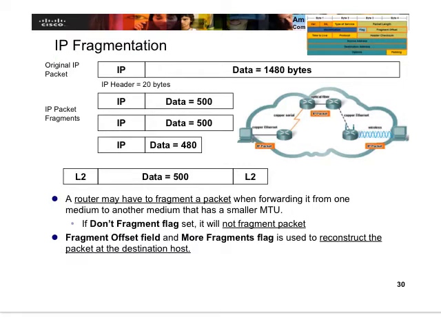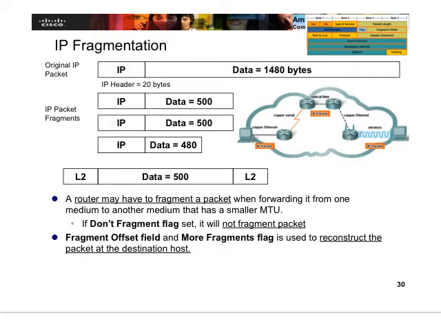So we said that when the host first sends the segments, the host has access to know the type of medium that it uses. And of course, if it's Ethernet, then the maximum segment size will be 1480.